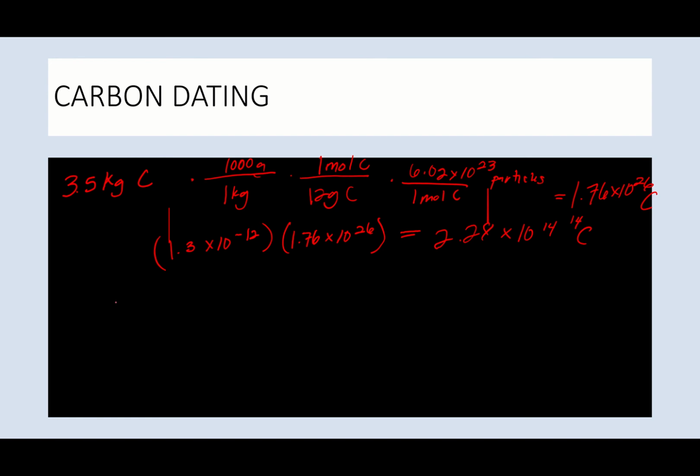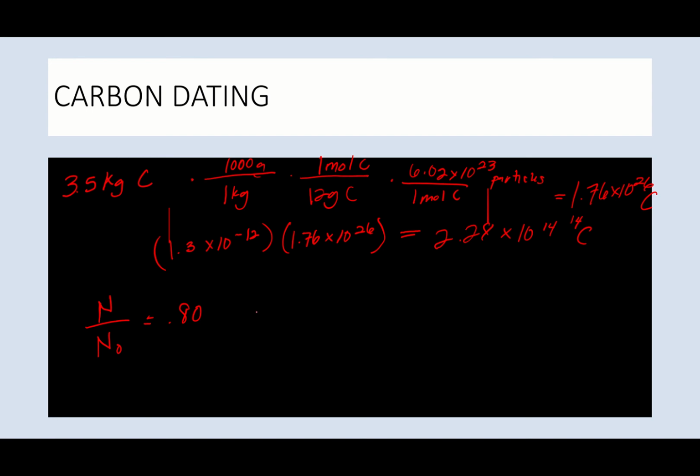Now, if we measured this and we found that we actually only had 80% of what we should have had, meaning N over N naught, the amount that we have now over the amount that we had initially, is equal to 0.8, we can use that equation that I showed earlier to figure out how old our bone is.